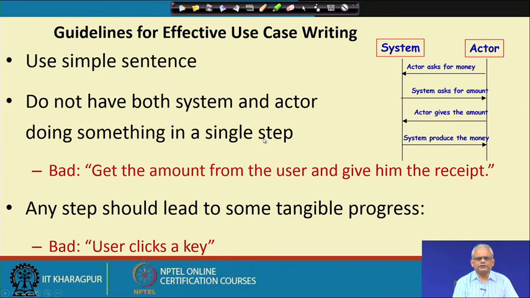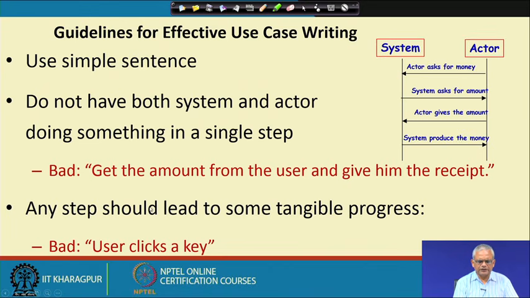What is the actor action and what is the corresponding system action? We should not mix that up, for example, get the amount from the user and give him the receipt. We should not club both of these. Prompt the user for the amount, the user enters the amount, then the system action is dispense the cash and print the receipt.